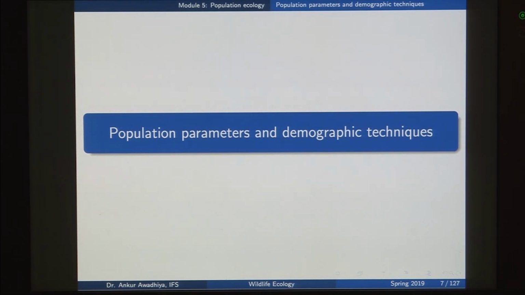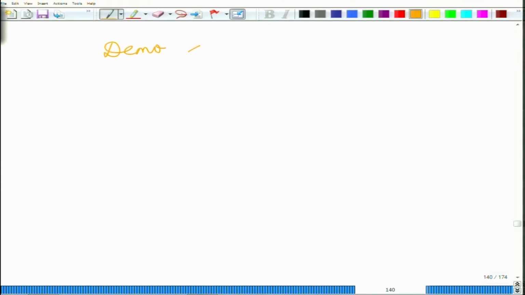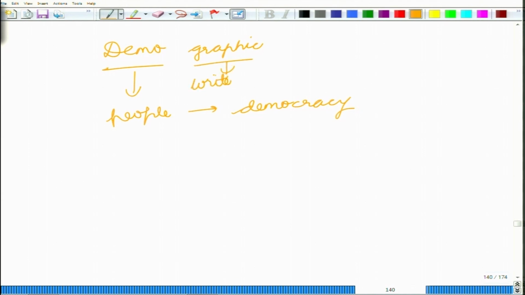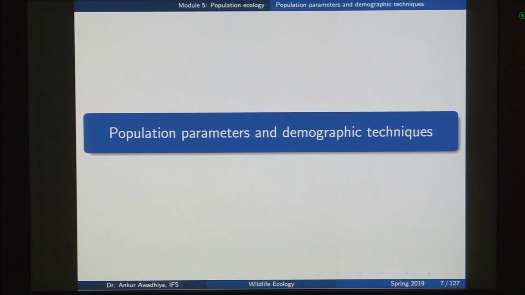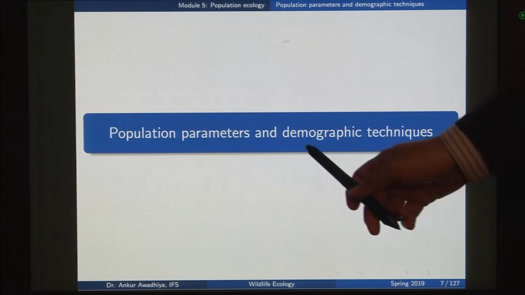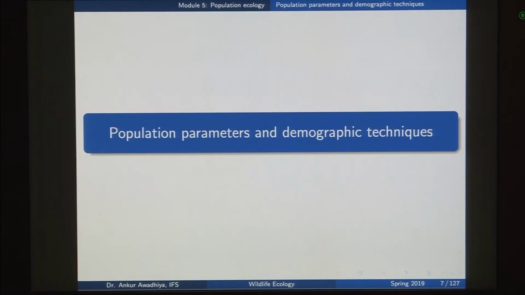So, when we say demographic, demo is people, as in the case of democracy, which is the rule of people. Graphy is to write. So, here we want to ask the question, what are the methods through which we can write about the population. So, that is a demographic technique.